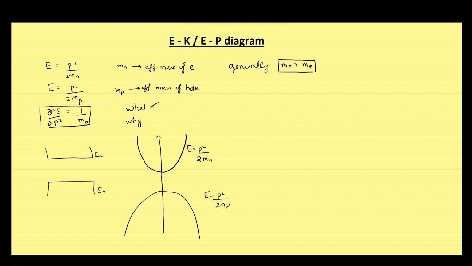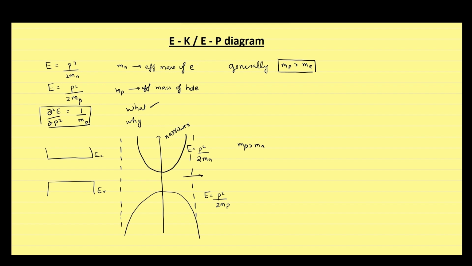You can see even though we have two parabola, but they are not exactly the same. One will be narrower, and which will be narrower, as we studied already, that the graph for that particle which is having a smaller effective mass will have narrower energy momentum graph. Therefore, for general case where effective mass of hole is greater than effective mass of electron, this diagram is valid.